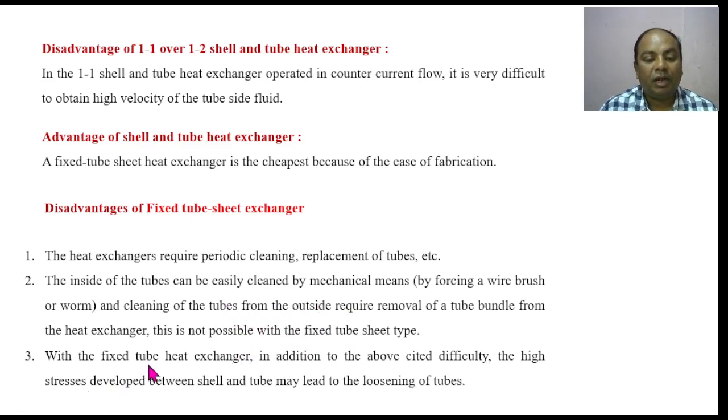Moreover, as we know, with the fixed tube heat exchanger, high stress can develop between shell and tube, leading to loosening of the tube. If the material of construction of the tube and the shell is different, then high stresses may develop, because the coefficient of thermal expansion is different for each material.